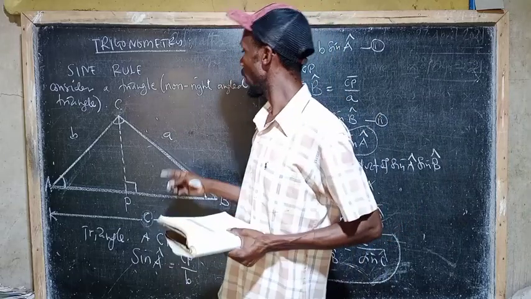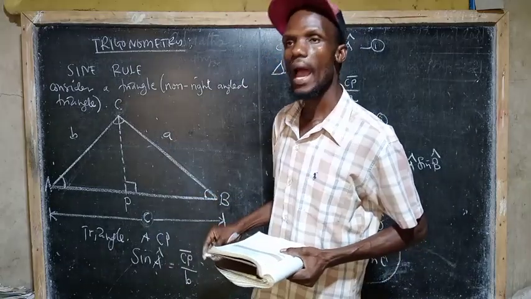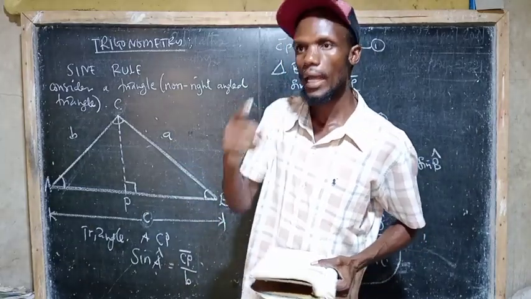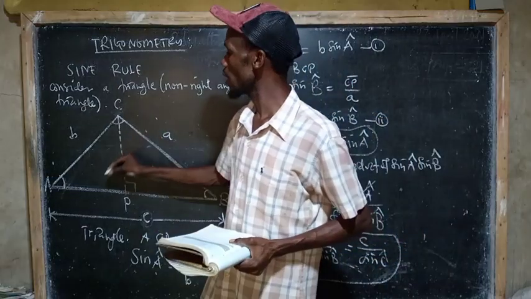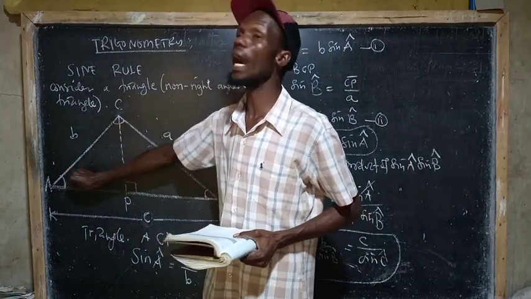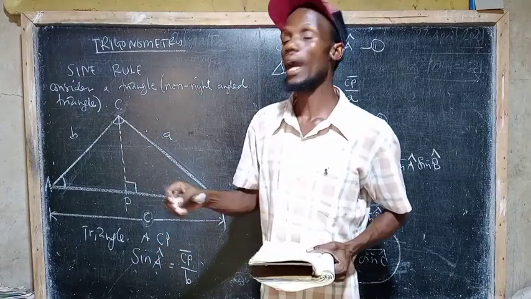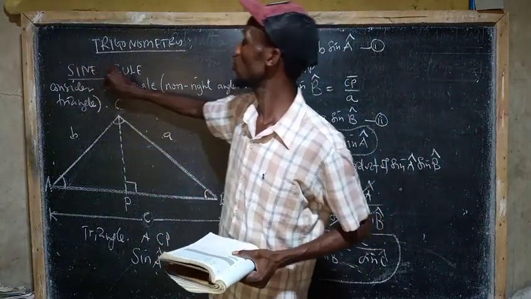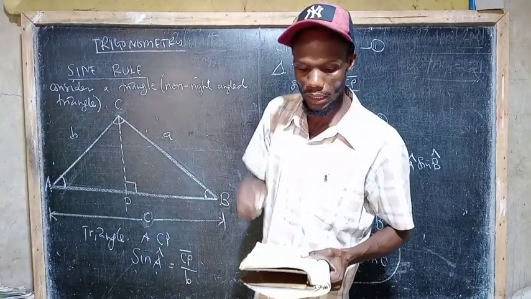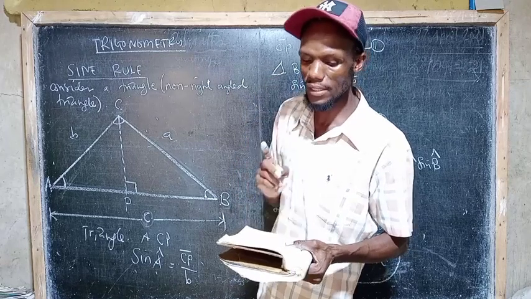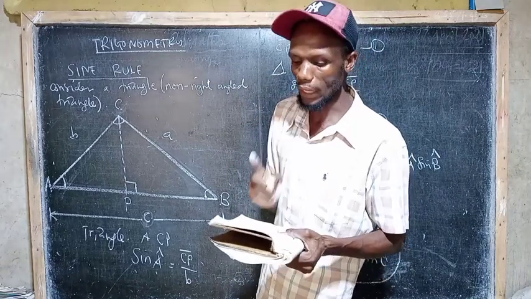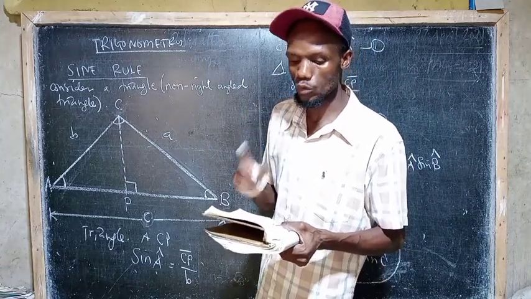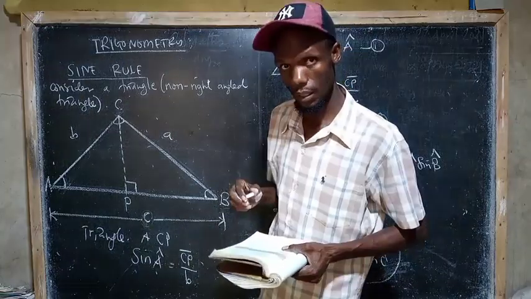Maana yake ni kwamba ukikutana na triangle ambayo ina side moja, lakini angalau angle mbili zinajulikana, inaweza ikatumika hiyo inayoitwa sine rule. Lakini sheria ya pili, at least two sides are given and one angle which must be opposite to one of the given sides.